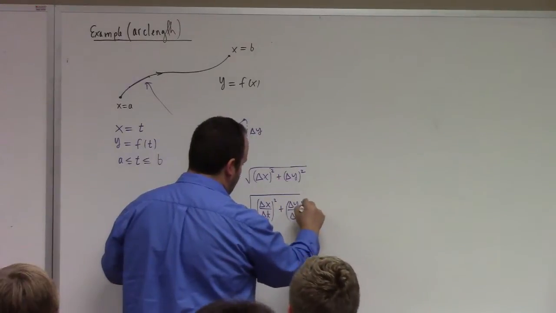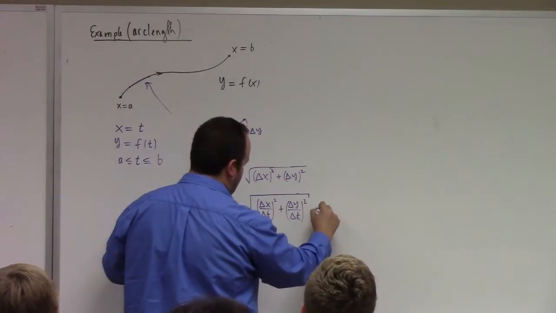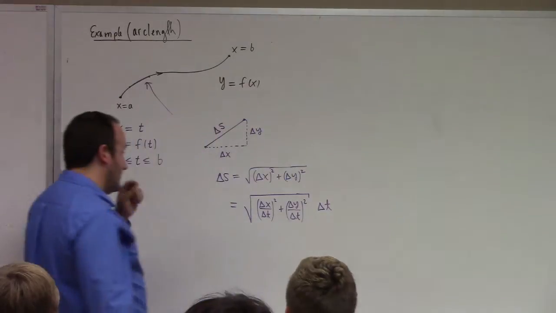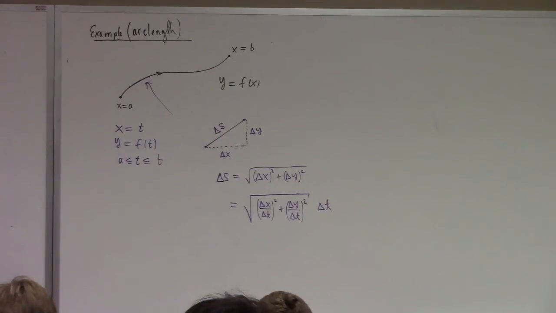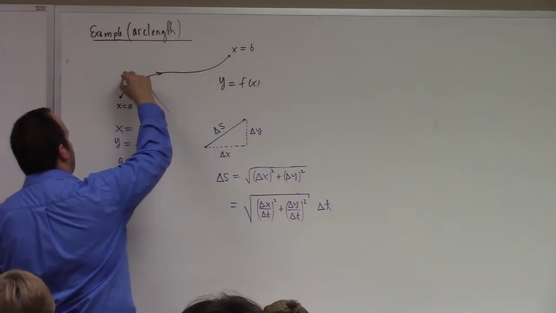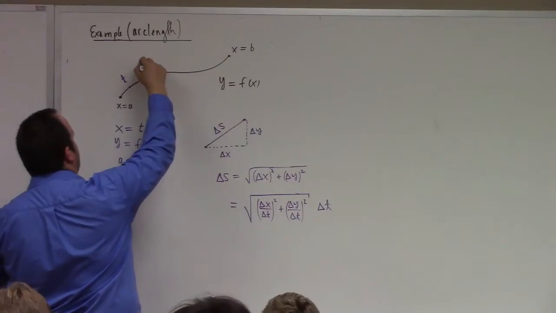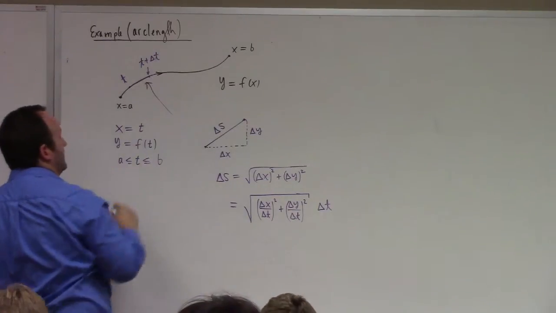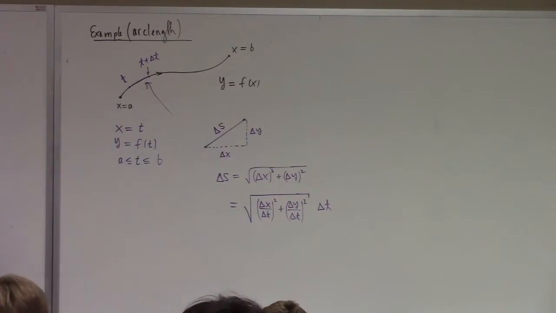So here's a thing we could do. If you use your imagination, you could factor out a delta t, right? So suppose that you're going from time t here over to the next point at t plus delta t. So as time goes on, you go along the curve.